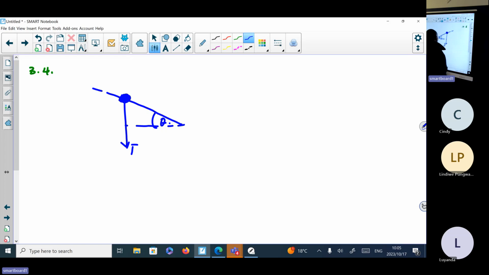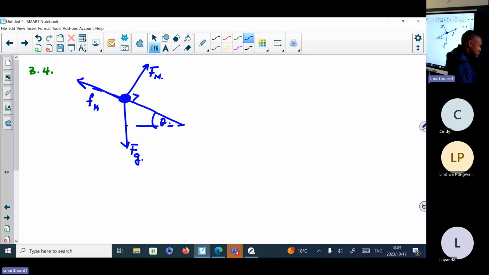So we are now having only 3 forces: this is your kinetic frictional force, that is the normal force, and that is the gravitational force. Are we given the height? The answer is no, we were not given the height.